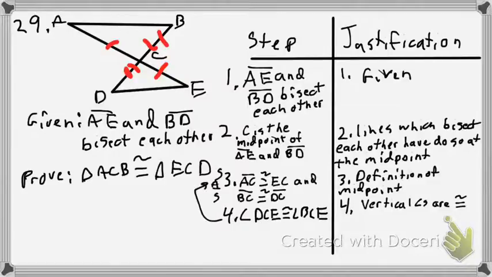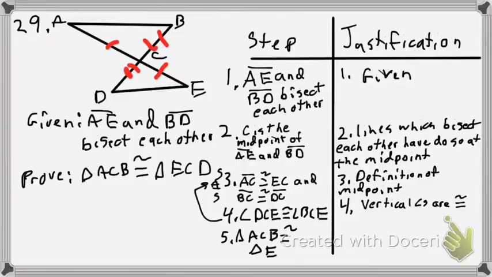We can plug that in, and now we have SAS. So now that we've proven SAS, we can write down the triangle names, ACB, ECD, and do SAS. So let me go back really quickly.